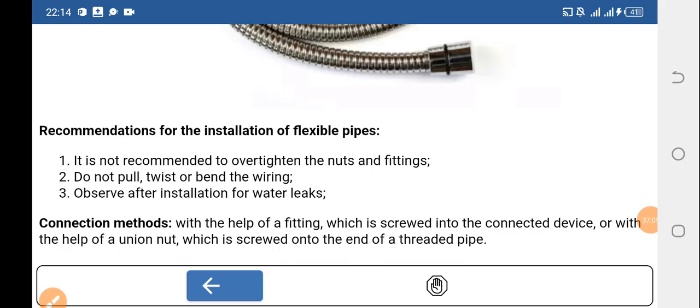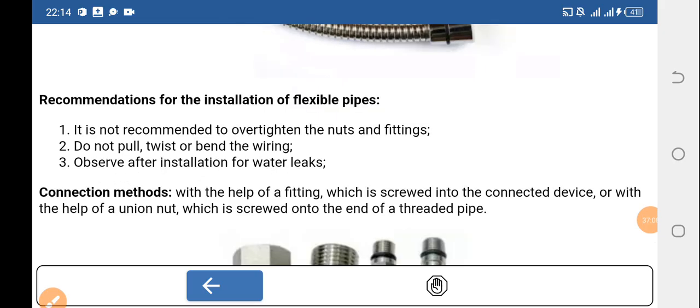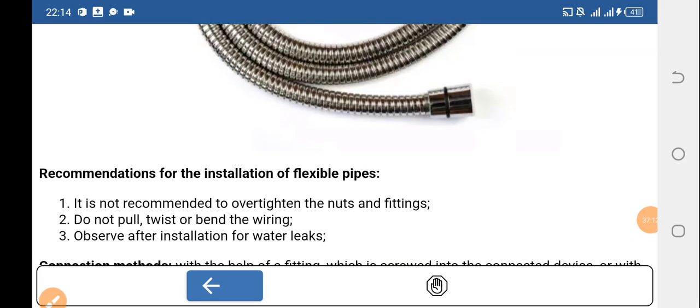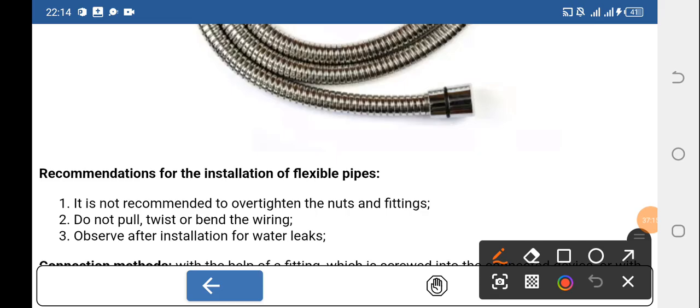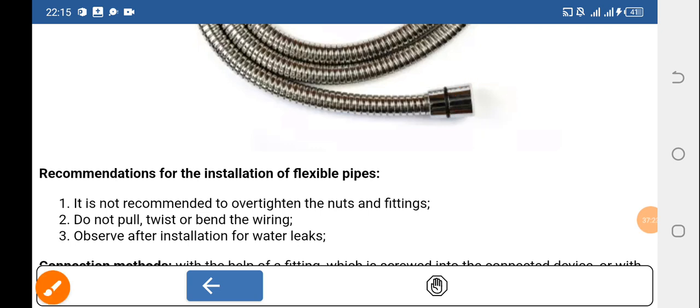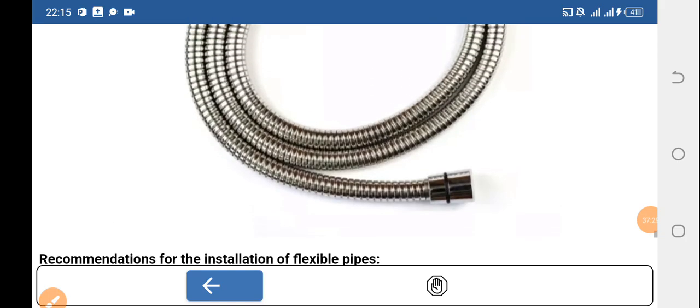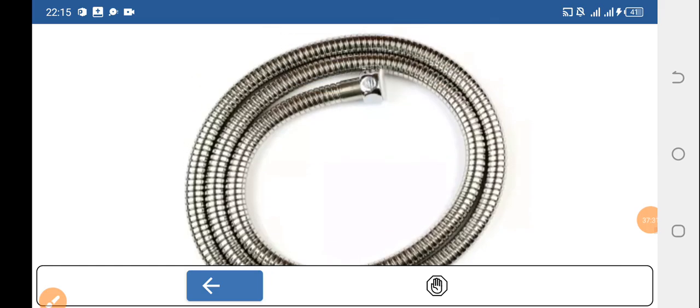Recommendation for the installation of the flexible pipes: it is not recommended to over tighten the nuts. I'm talking about these nuts. They should not be over tightened, because if it is too tight, it may break. Do not pull, twist or bend the wiring.